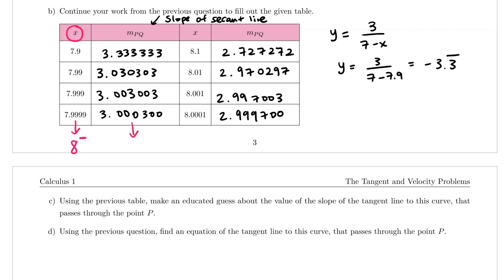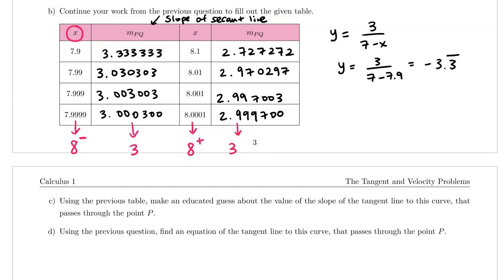What are these numbers approaching? Well, as we get closer to the number 8, the slope is approaching the number 3. And then here, these x values, we're approaching the number 8 from the right-hand side because we're plugging in numbers that are larger than 8, but still getting closer and closer to 8. And similarly, these numbers seem to be getting closer and closer to the number 3.